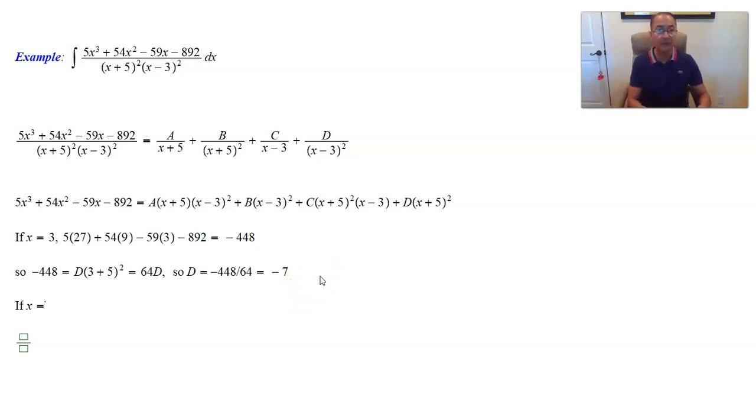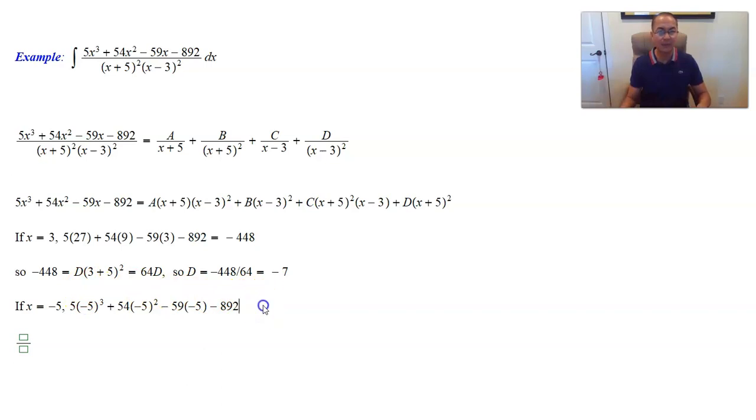And now if x equals minus 5, okay, so careful this time. Why don't we just do this? Let's copy this. And then we plug in minus 5 cubed, and 54 times minus 5 squared, 59 times minus 5.